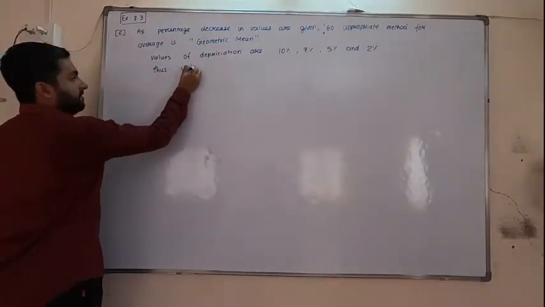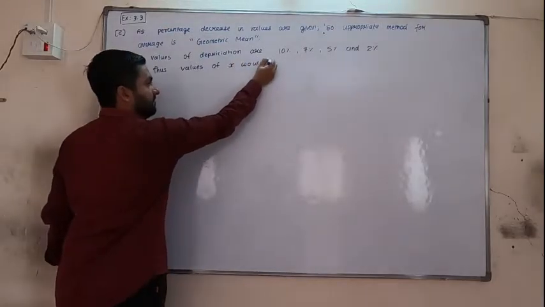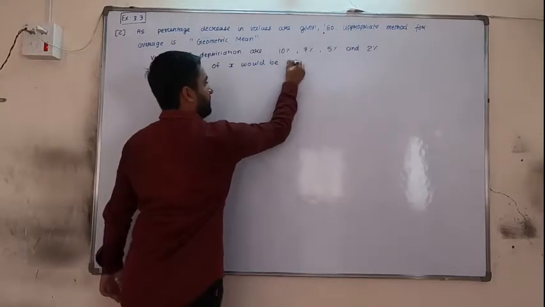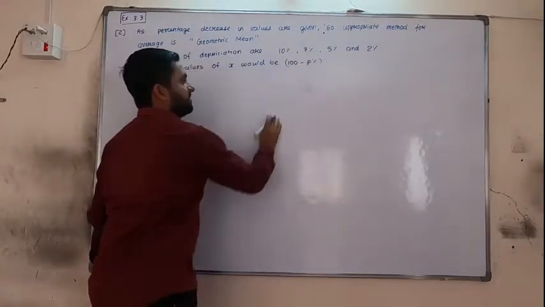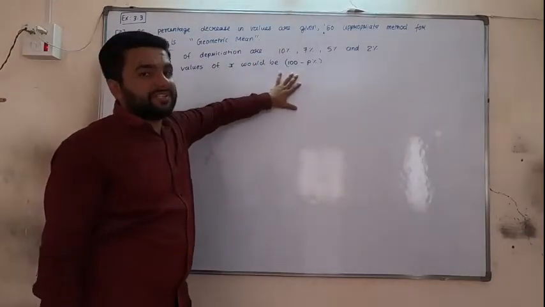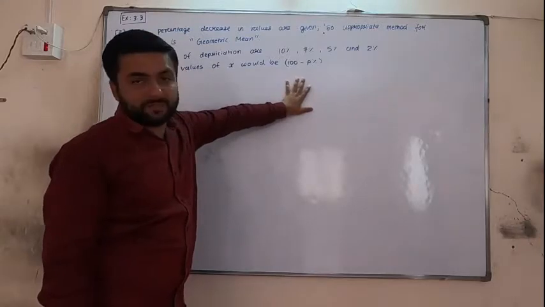Thus, values of x would be 100 minus p percentage. Why 100 minus p percentage? Because the values are decreasing. Depreciation means decrease. If it was appreciation or increase, then it would be 100 plus percentage.